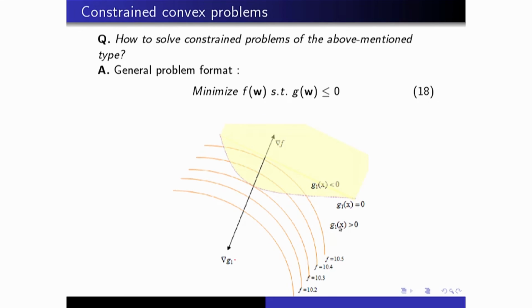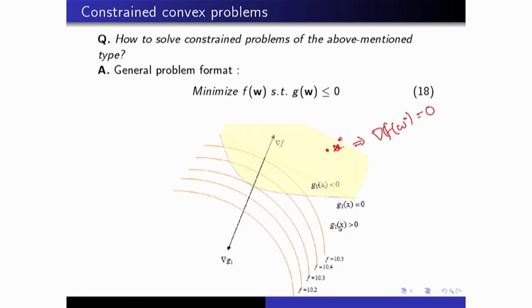So how do you solve such a constraint optimization problem? Well, if the solution were in the interior of the constraint, so this is the interior, g_1(x) less than 0, if the solution x star were here, obviously we would expect that the function f isn't allowed to increase or decrease around that point, which would mean that the gradient of f at x star, let's call this w star, would be 0.